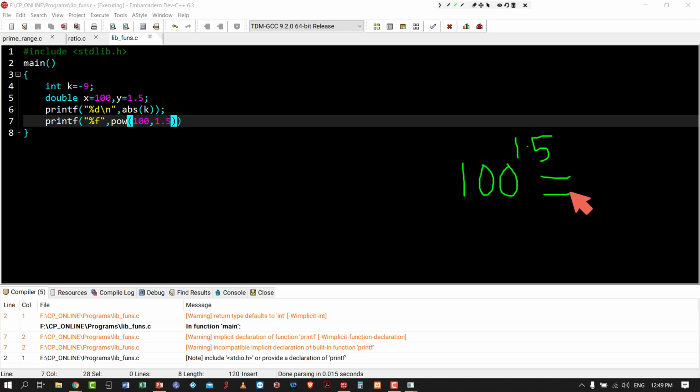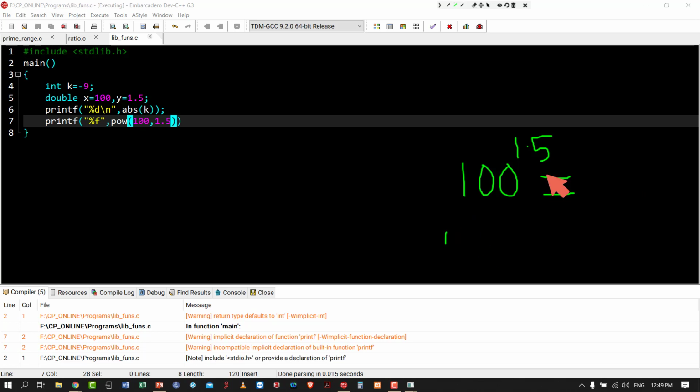So 100 raised to 1.5. Can anyone say the answer? 100 raised to 1.5? Anu Fasmin? Yes, sir. What is 100 raised to 1.5? 100 raised to 1 by 2... 10. Okay. Wait.